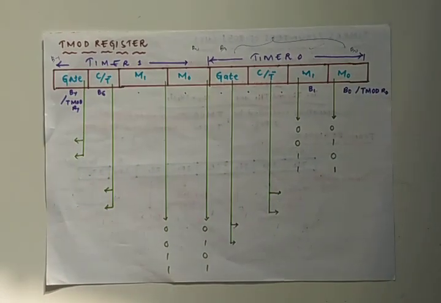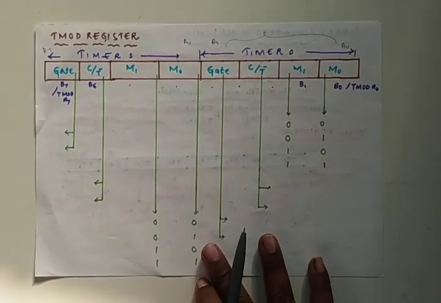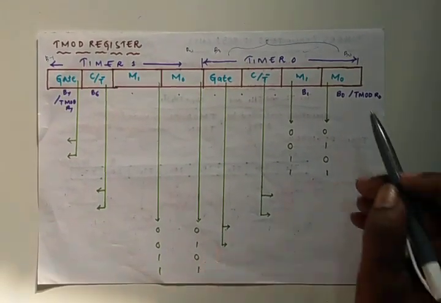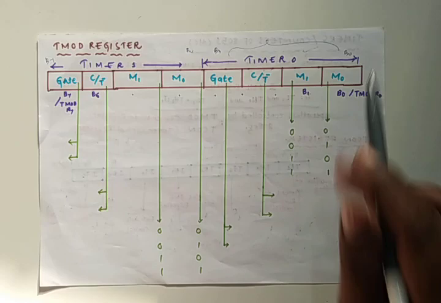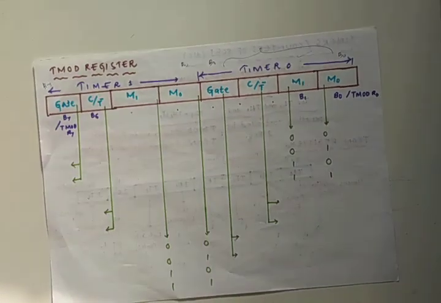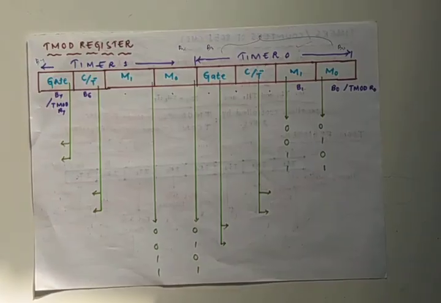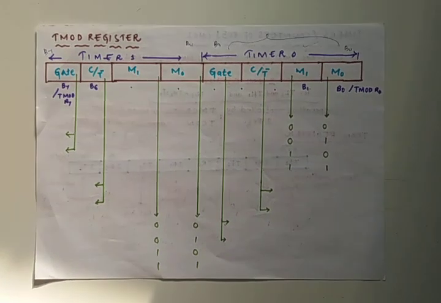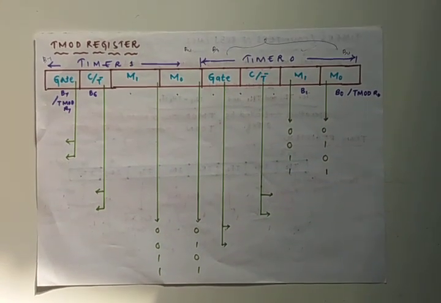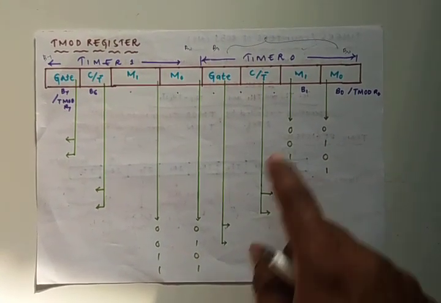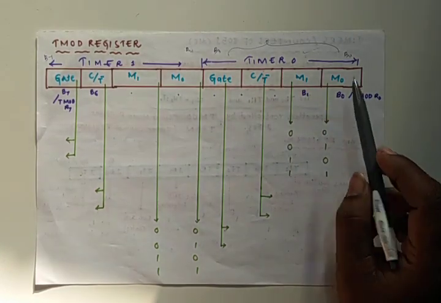So this is M0 M1, this is M0 M1. What does this mean?